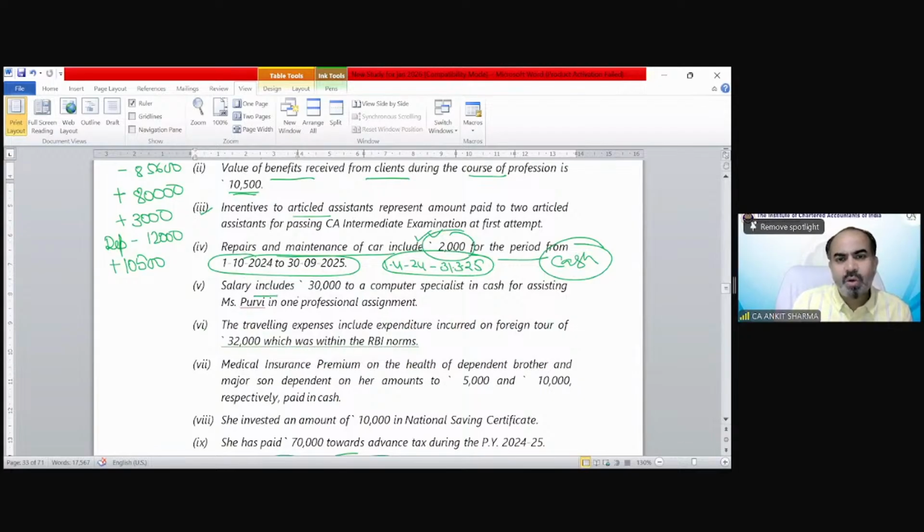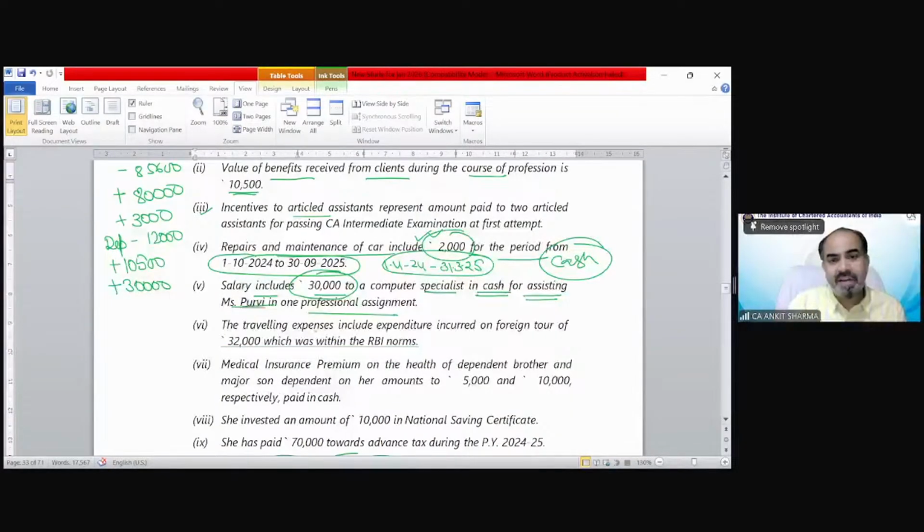Now salary includes 30,000 to a computer scientist specialist in cash for assisting Purvi in one professional assignment. If you are paying salary more than 10,000 in cash, that is going to be disallowed.